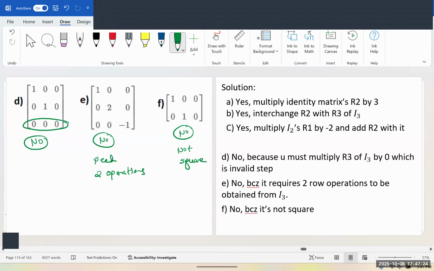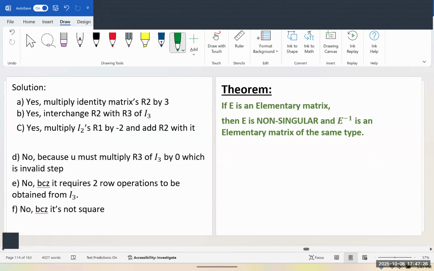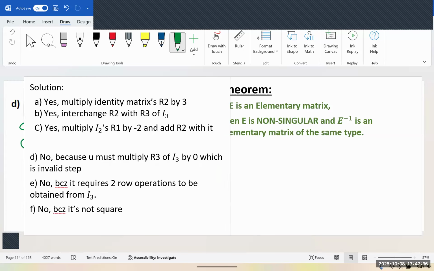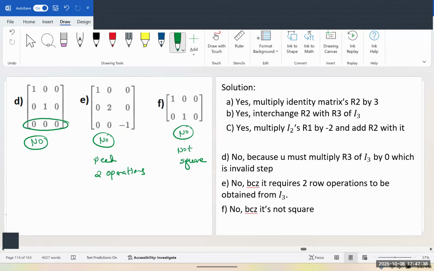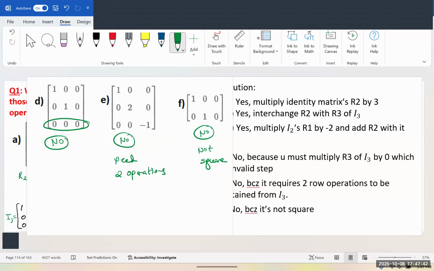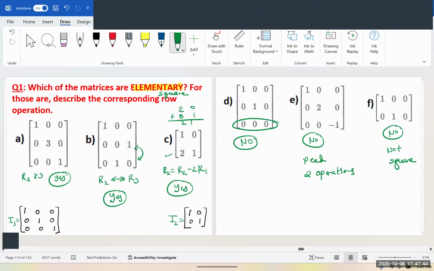So these are the solutions, and we already know them. Now there is a theorem about elementary matrices. Kenyon, question? With C, how many operations did we use? C or E? C. We use only one operation.